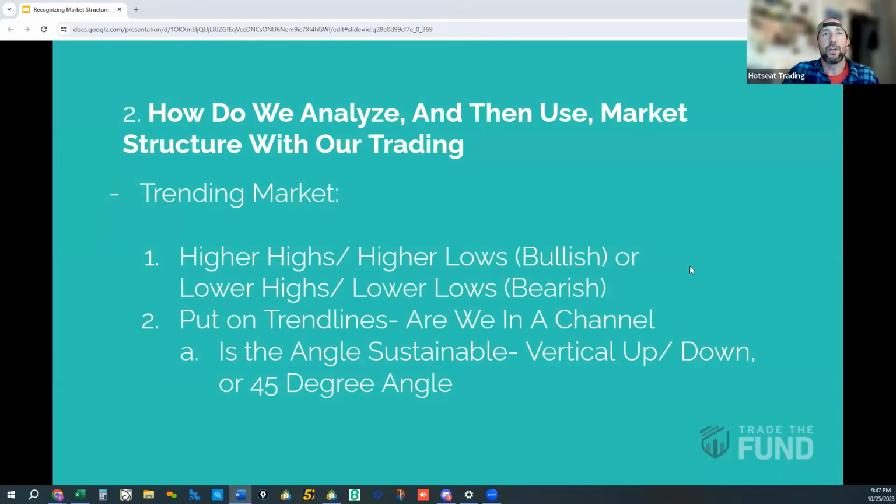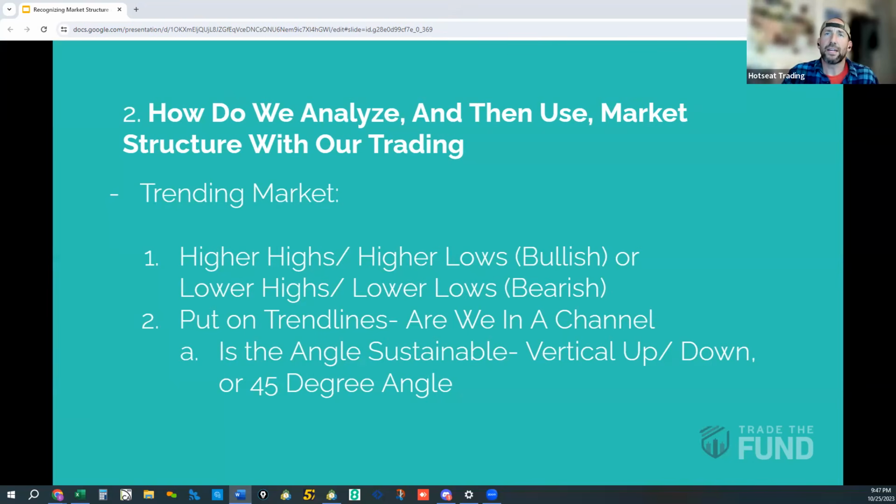A lot of times we should be able to put trend lines and create a channel on our chart. We're connecting higher highs, 2 points, 3 points equals a channel, right? Now, also one thing that is not talked about a lot is the angle of that channel. Is that angle sustainable?